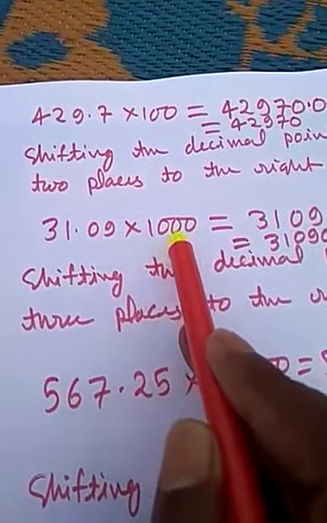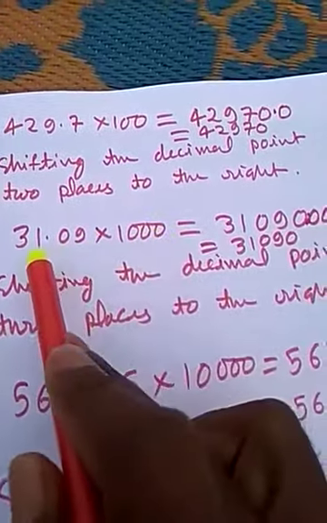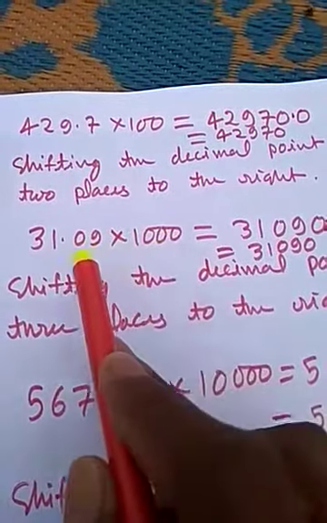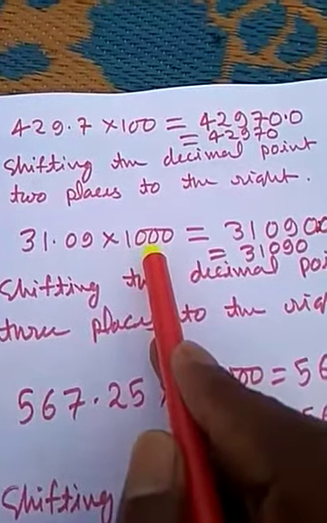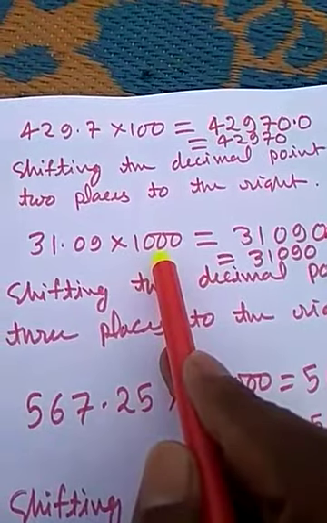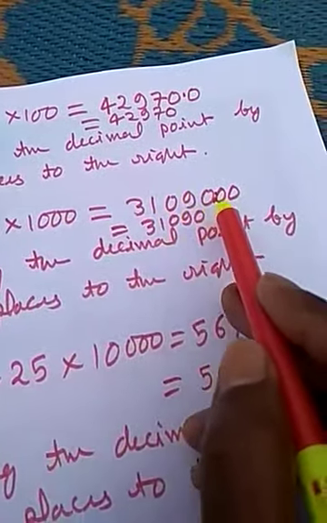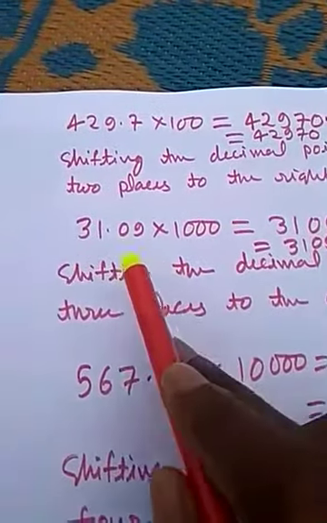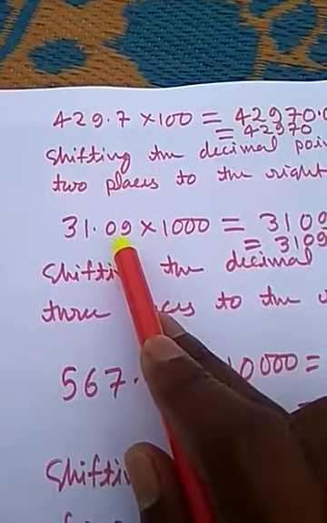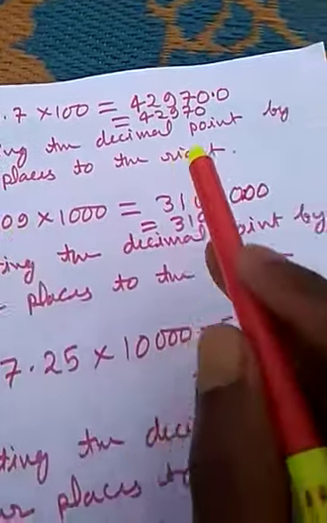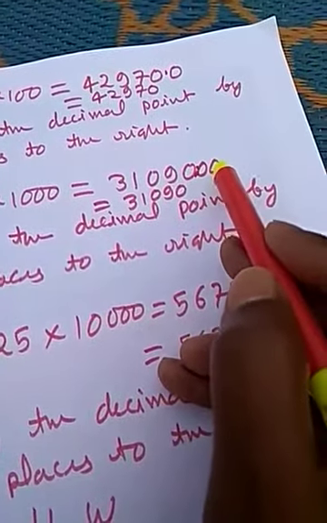Now in the case of multiplication by 1000, 31.09 multiply 1000. At first we shall multiply the decimal number by 1000 without decimals, so it is written 31090000. Now here the decimals have two decimal places, so we shall put the decimal point after two digits from the right side.